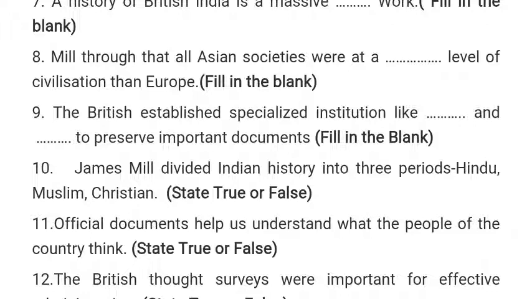James Mill divided Indian history into three periods, namely Hindu, Muslim, and Christian. It's wrong. James Mill divided Indian history into Hindu, Muslim, and British.